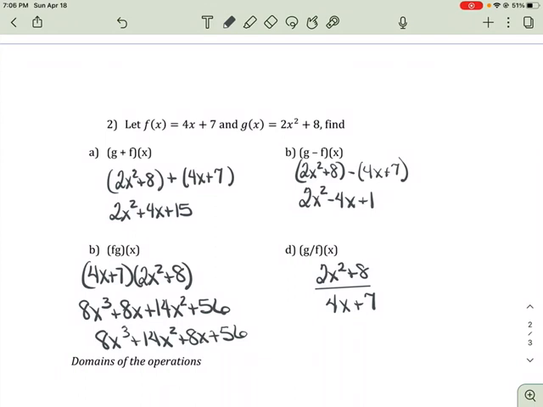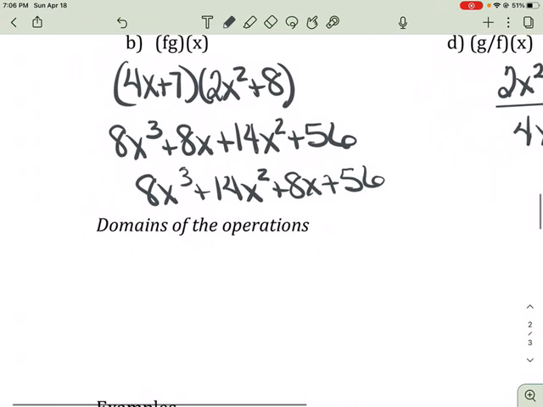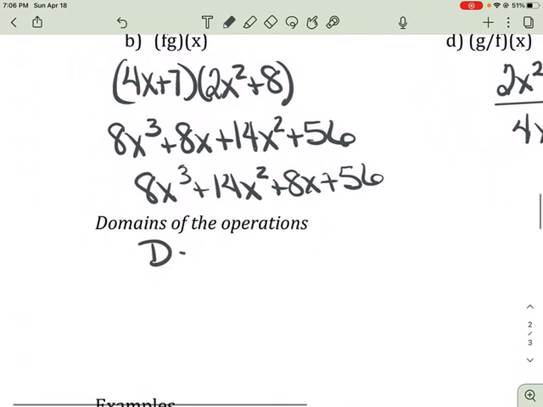Okay, so it doesn't seem too difficult, but what we need to talk about is the domain. Okay, so domain, remember, is x. Domain is the values that we can put in for x. Okay, so we need to remember that.